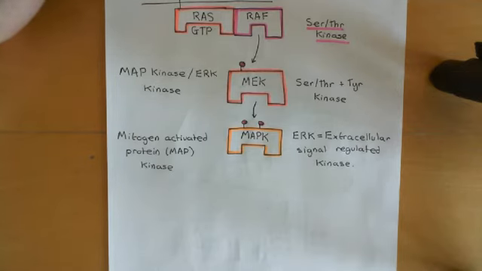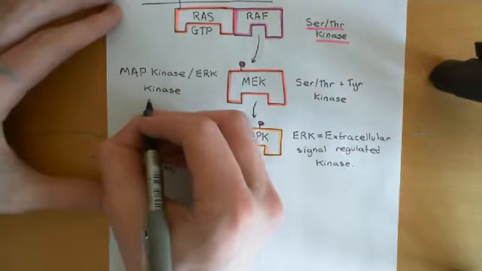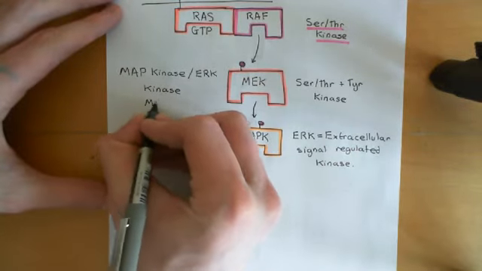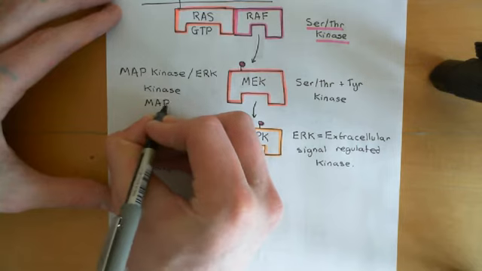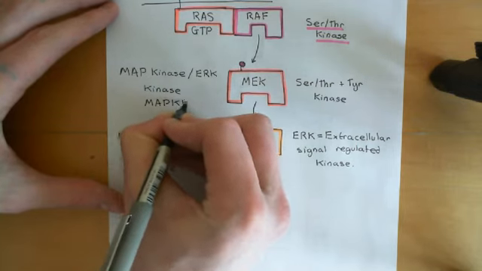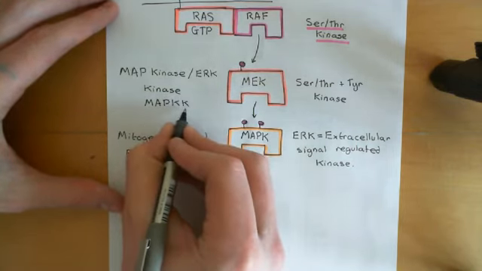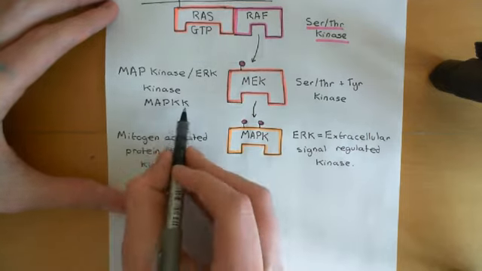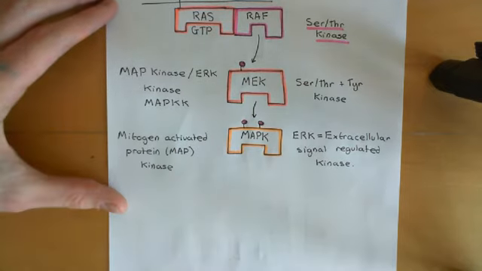Okay, right. Now, you should also be aware that the Raf and the MEK enzymes also have other names. The MEK enzyme can also be called the MAP kinase kinase, so you might hear it referred to as MAPKK, because it is the kinase enzyme for MAP kinase.